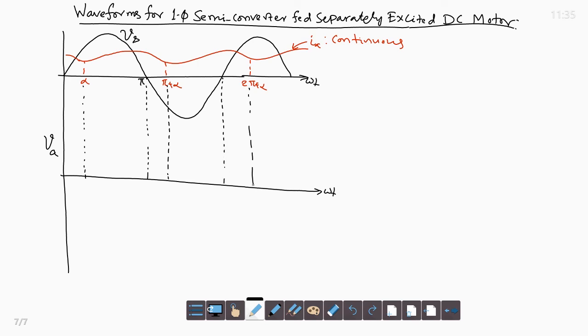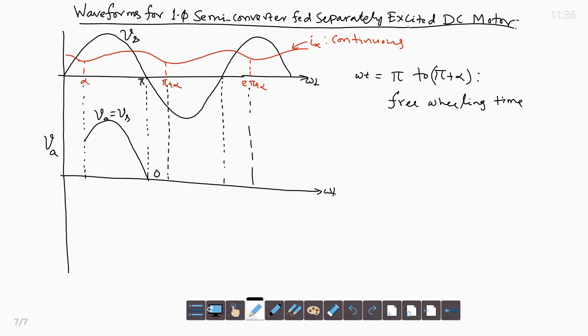From alpha to pi, semi converter operating with the power switches. So, V A equals V S. Then in a semi converter, pi to pi plus alpha is the freewheeling period. So, during freewheeling time, output voltage is 0.